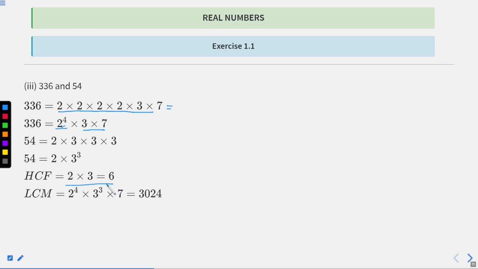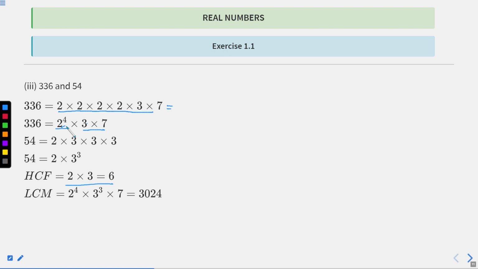And the LCM of 336 and 54 is equal to the product of the highest powers of the prime factors in both numbers. The highest power of the prime factor 2 is 2 to the power 4, the highest power of the prime factor 3 is 3 to the power 3, and the highest power of the prime factor 7 is 7 to the power 1.